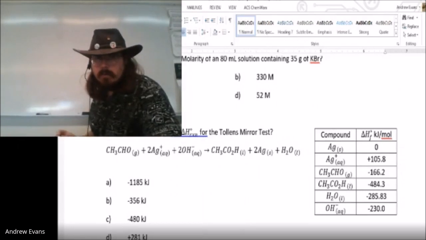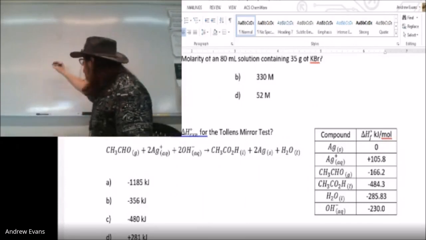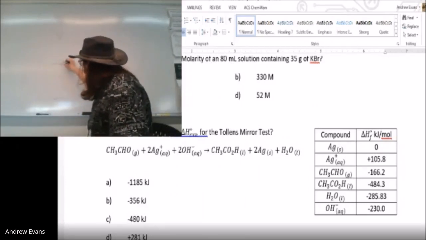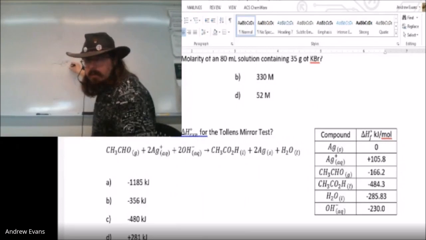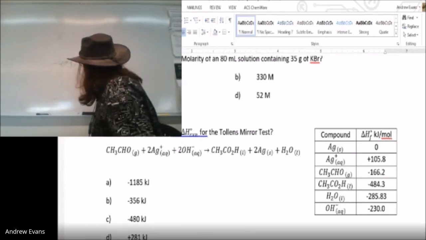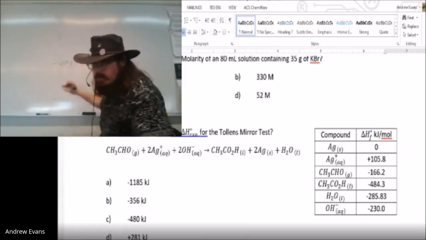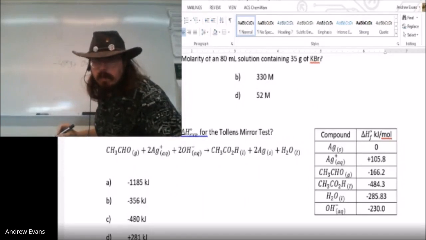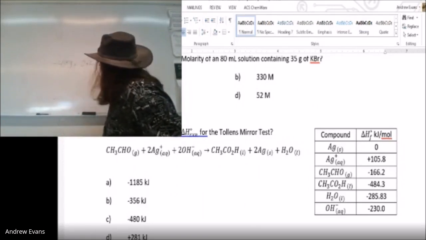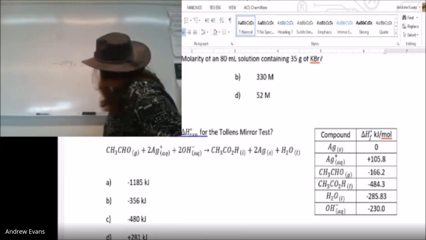So for all the products, we have acetic acid of negative 484.3. We have 2 silvers, which is 0 times 2. And we have 1 water, which is negative 285.83.